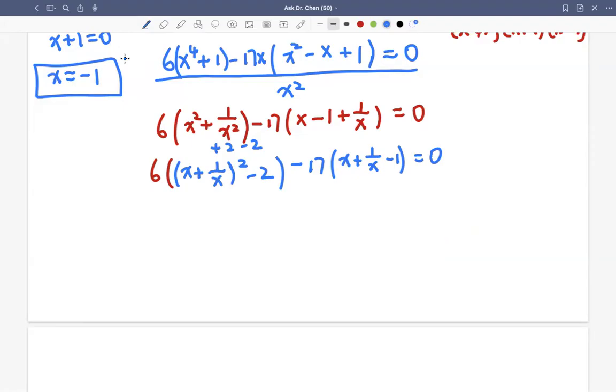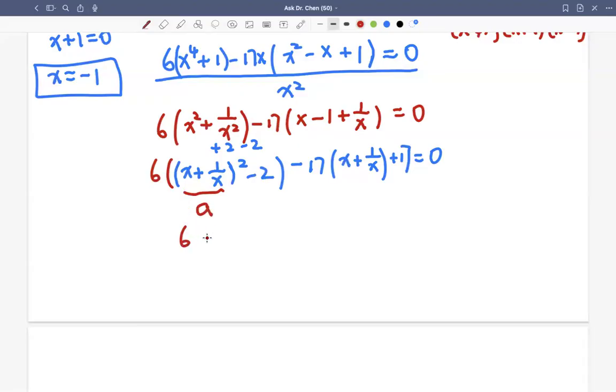Let's write down this one out, because minus 17 times minus 1 gives us plus 17. Okay, let's treat this as another variable, right? Let's think of x plus 1 over x maybe as a.